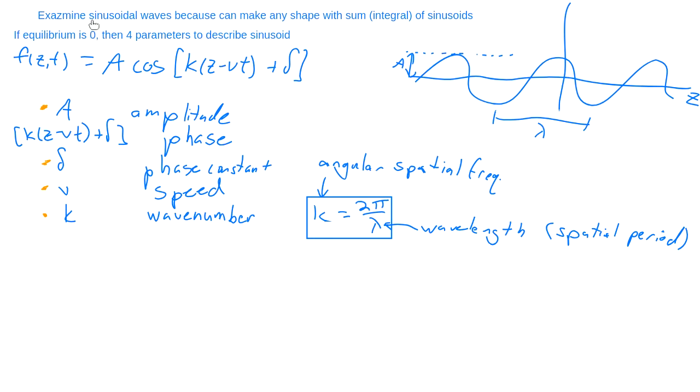For example, we can talk about a temporal period too. T, that's our period. So how long do you have to wait while sitting at a certain point before the wave repeats again? And related to that, we can talk about omega, which is our angular frequency.